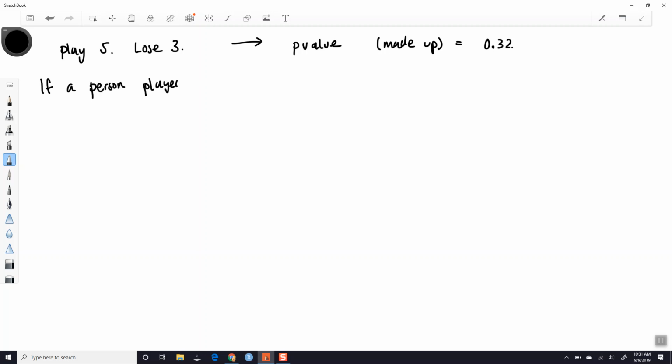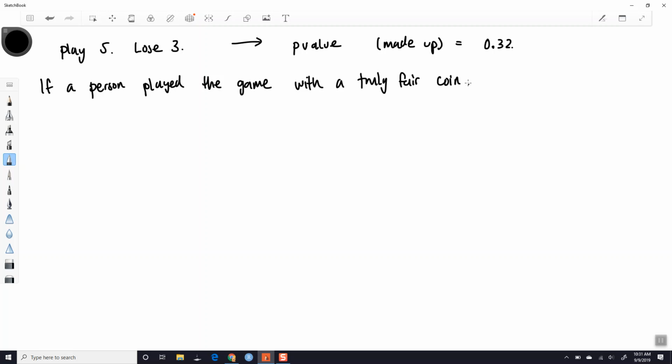So let me just write this. Play 5, lose 3, okay? And we're going to say p-value, all right, and this is, again, just made up, 0.32, okay? And this just means if a person played the game with a truly fair coin, okay?